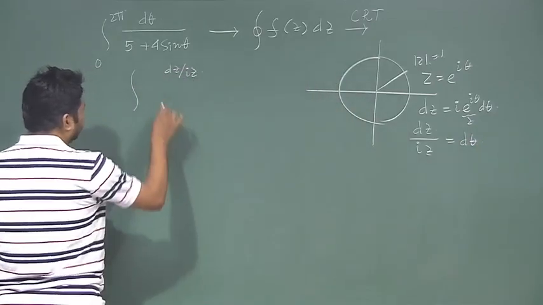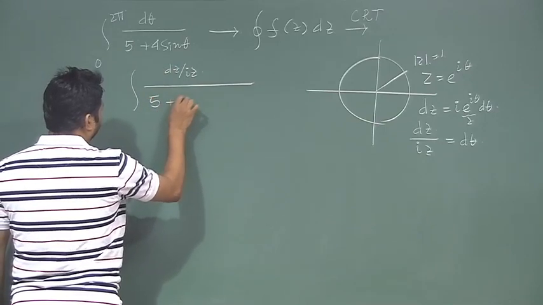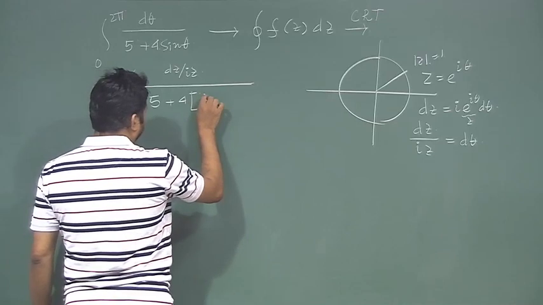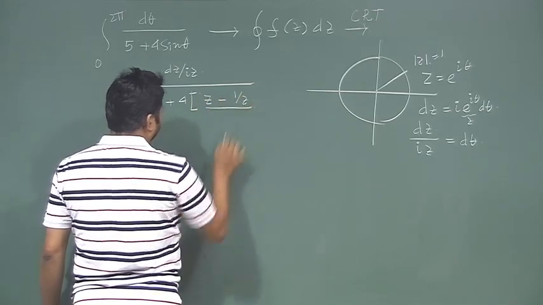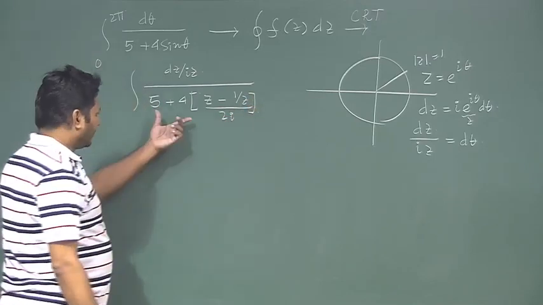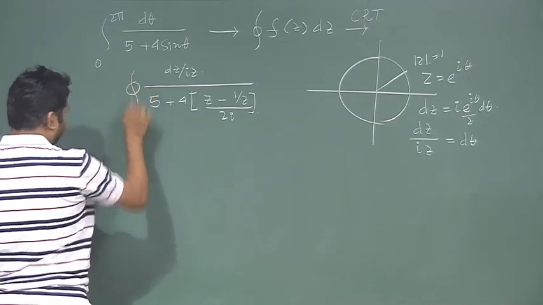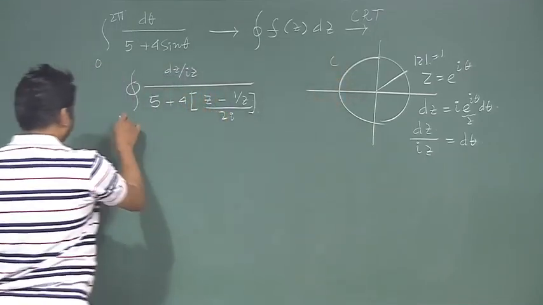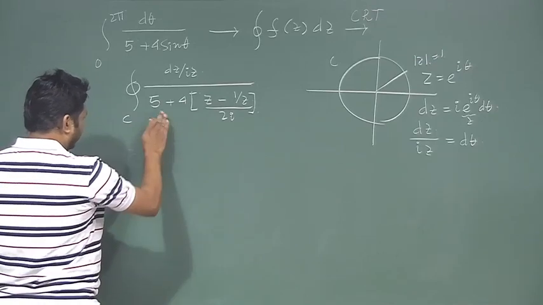So, first I put this, next I need to change this. 5 plus 4 sin theta I should write in this way: z minus 1 by z divided by 2i. So, first I need to evaluate this function, and then with the closed integral where C is given as my unit circle. So, let us evaluate this.